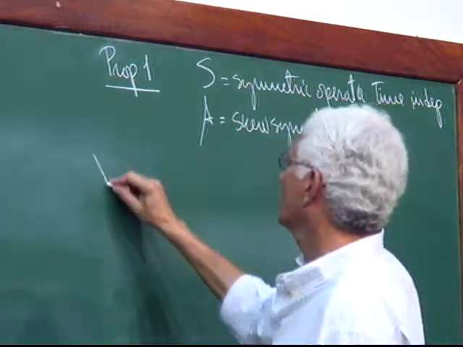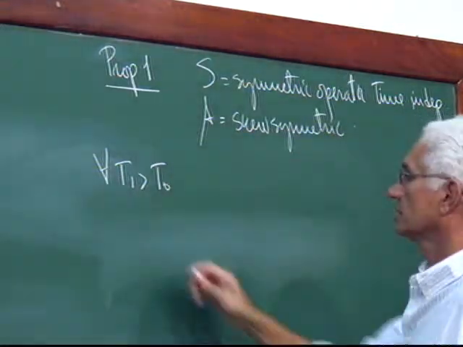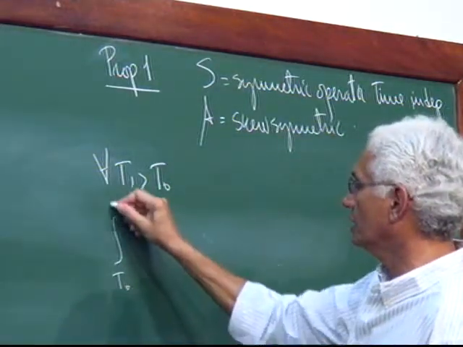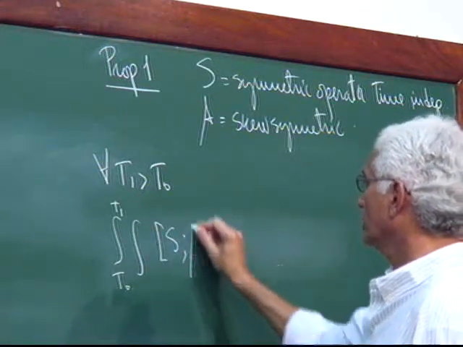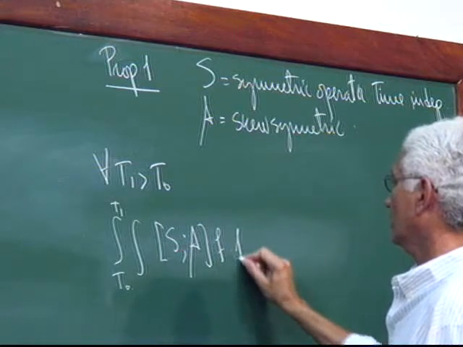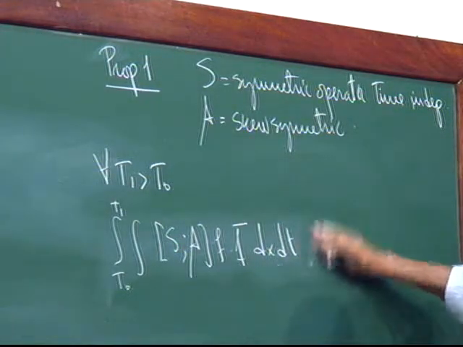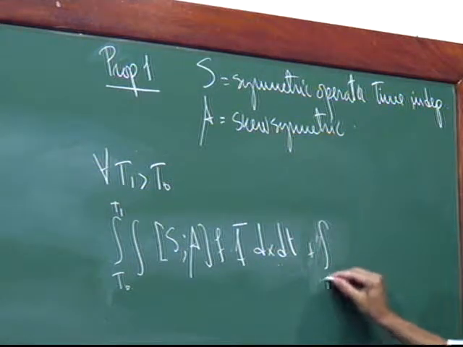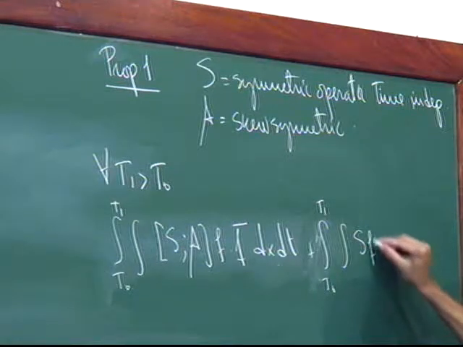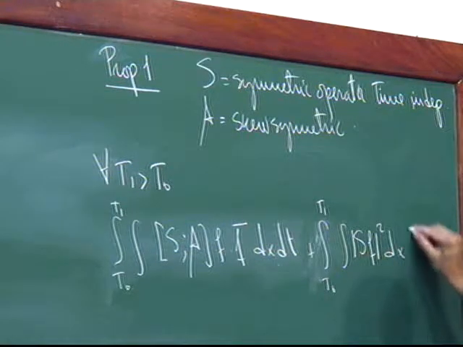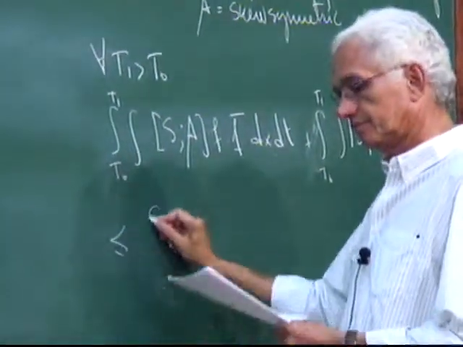Suppose that, therefore, for all T1 larger than T0, you have that the integral between T0 and T1, this is an abstract result, of the commutator of S with A, F conjugate, dx dt, plus the integral between T0 and T1 of the integral of S of F squared, dx dt, is less than or equal to this.